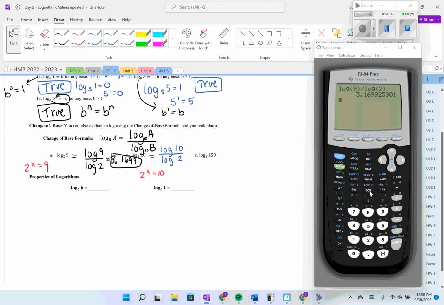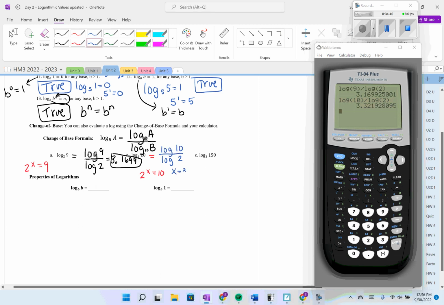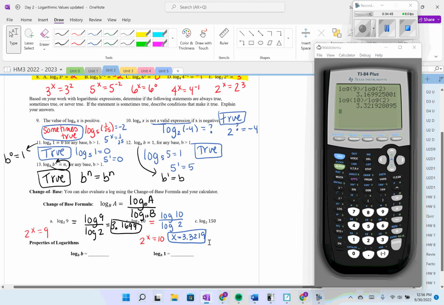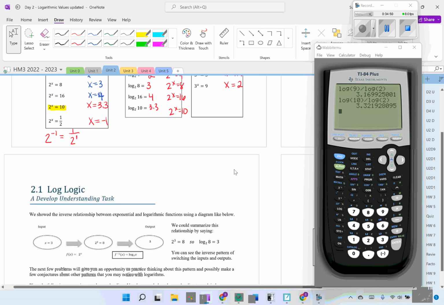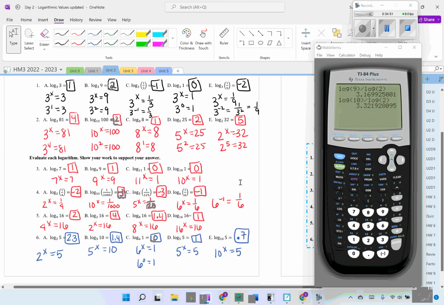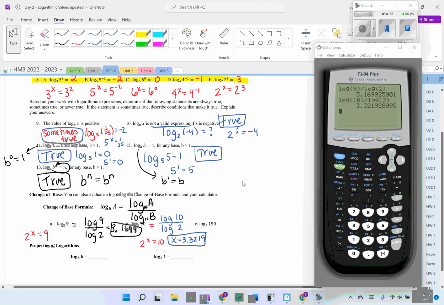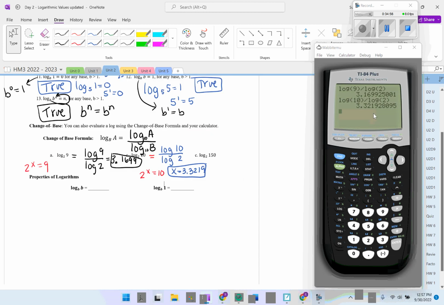So this would be the log of 10 divided by the log of 2. Enter, and we get x equals 3.3219. And so what we put earlier, notice, was 3.3, so we were very close to the answer when we just did guess and check. So this is just a more exact answer.